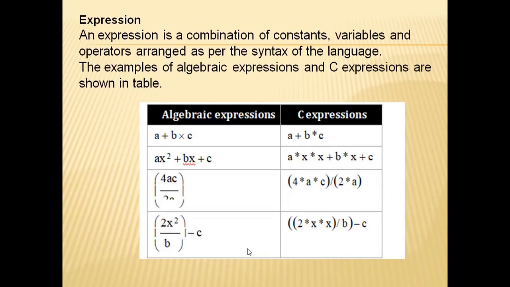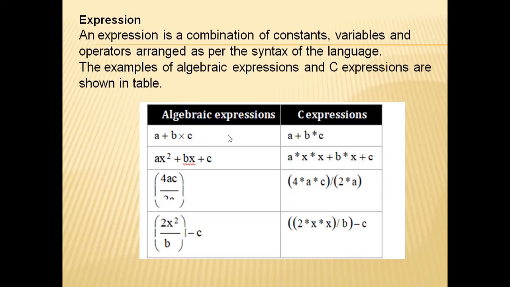And next we discuss expressions. An expression is a combination of constants, variables and operators, arranged as per the syntax of the language. Here in this example we are going to discuss various algebraic expressions and their equivalent C expressions.